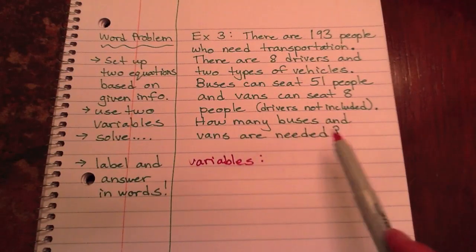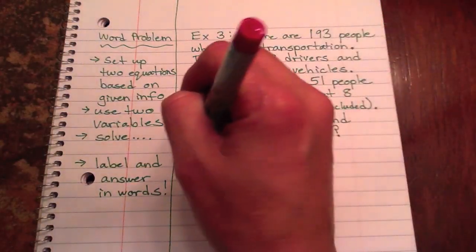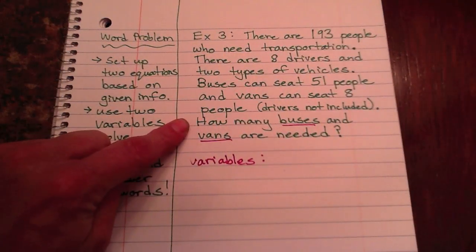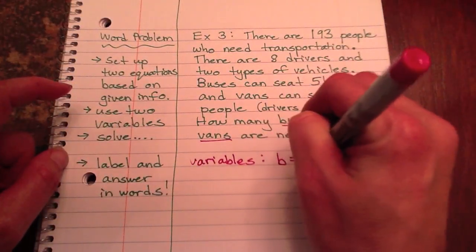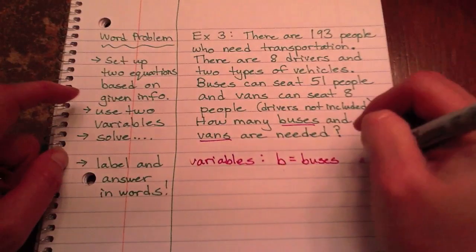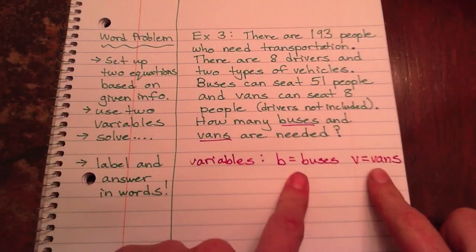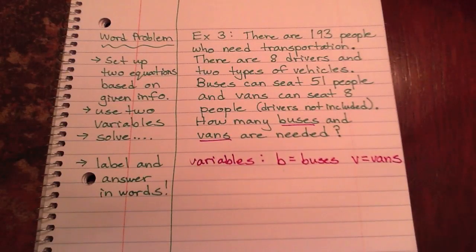How many buses and vans are needed? There's my 2 variables. They're almost always going to be in your question. So I'm going to say B is buses and V is vans. Now I've identified my 2 variables. I know that these are going to be used in my equations.